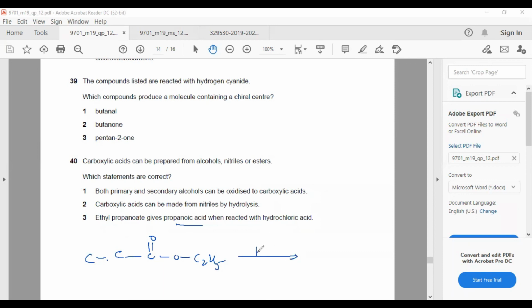When it hydrolyzes, the bond is broken from here. It forms ethanol plus this 3 carbon carboxylic acid, propanoic acid. Yes, it is correct. All three are correct. A.